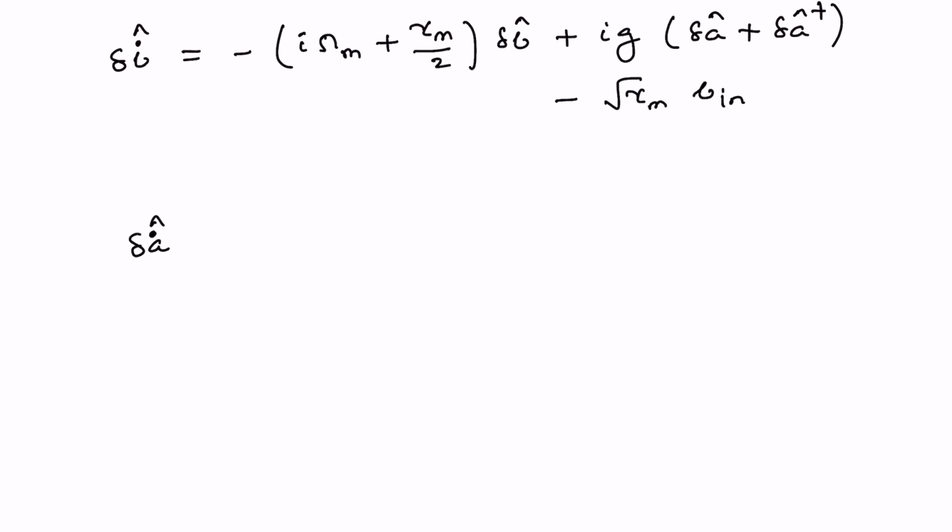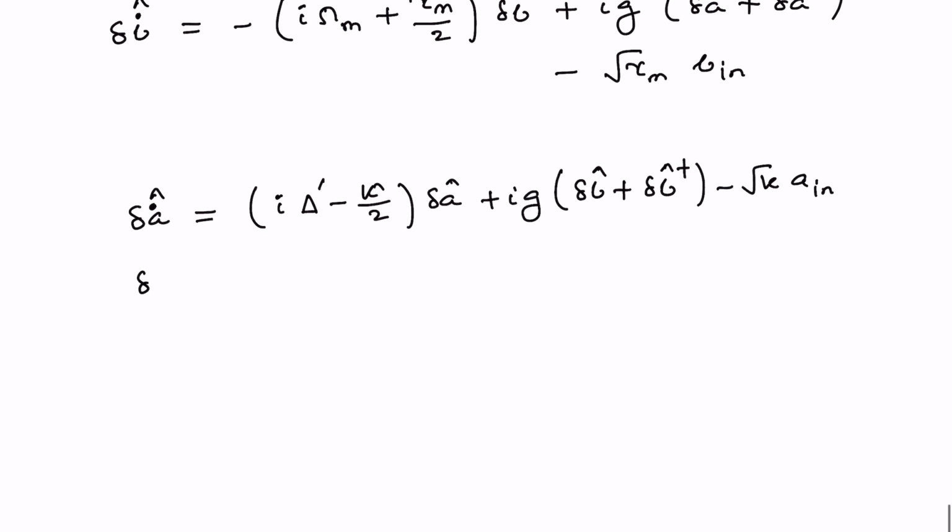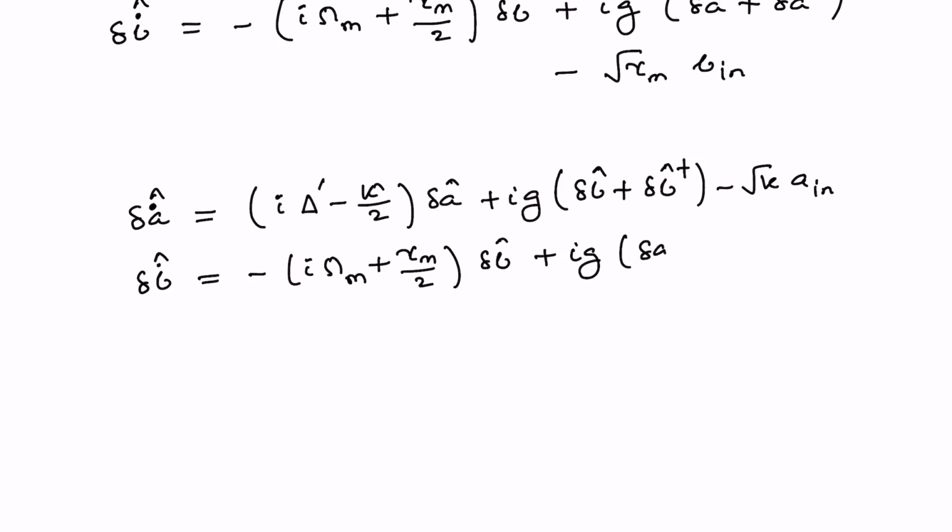Let me write them again. δȦ = iΔ′δA − (κ/2)δA + iz(δB + δB†) − √κ A_in. And for the phonon mode, δḂ = −(iΩm + γm/2)δB + iz(δA + δA†) − √γm B_in.